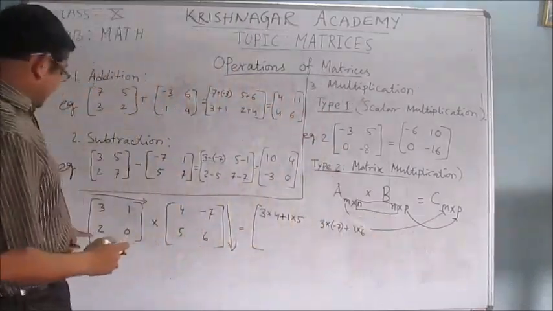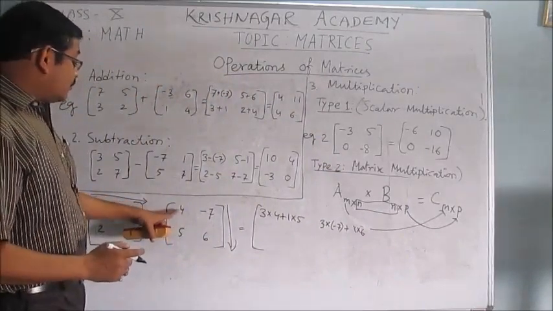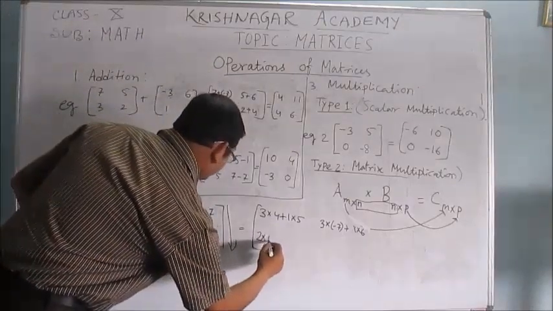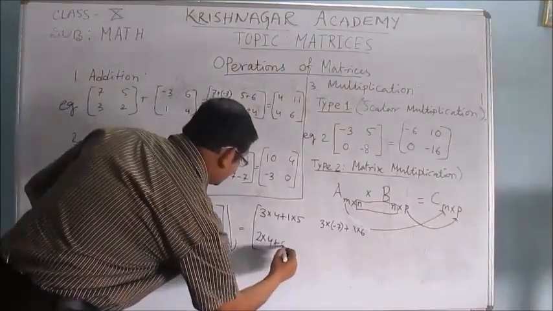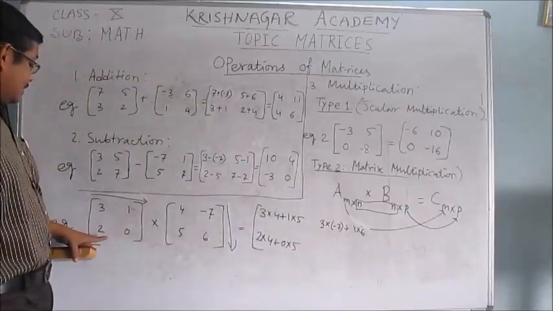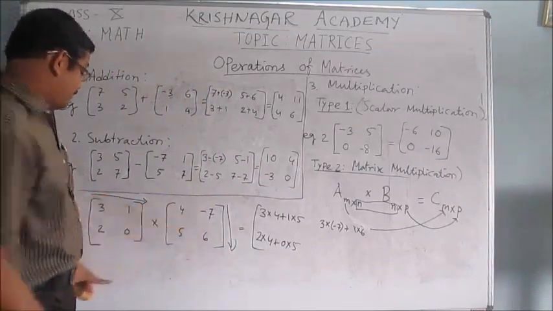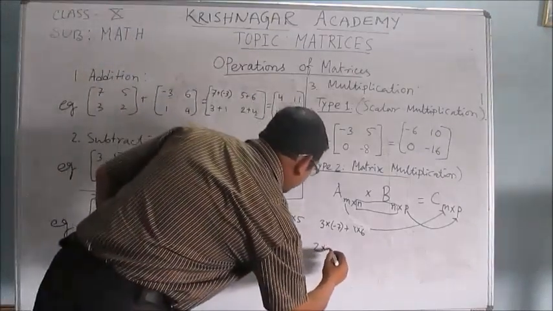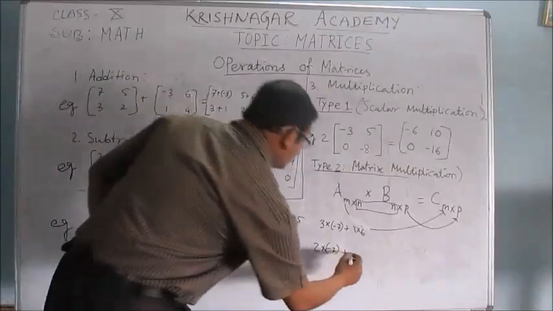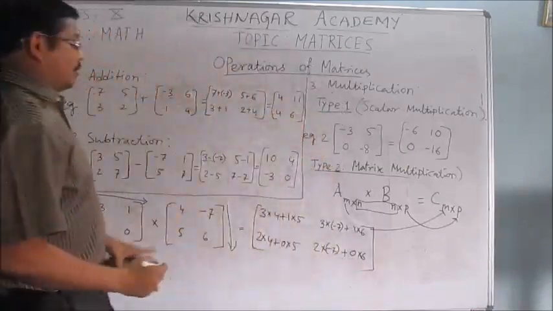Next, second row 2 0, and here first column 4 5. So here it will be 2 into 4 plus 0 into 5. Then next 2 0 we have to multiply with the second column, 2 into minus 7 plus 0 into 6.